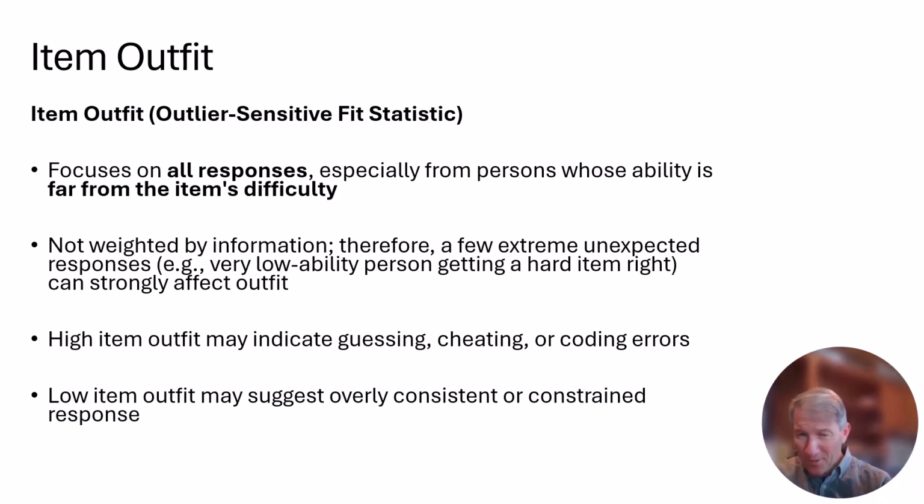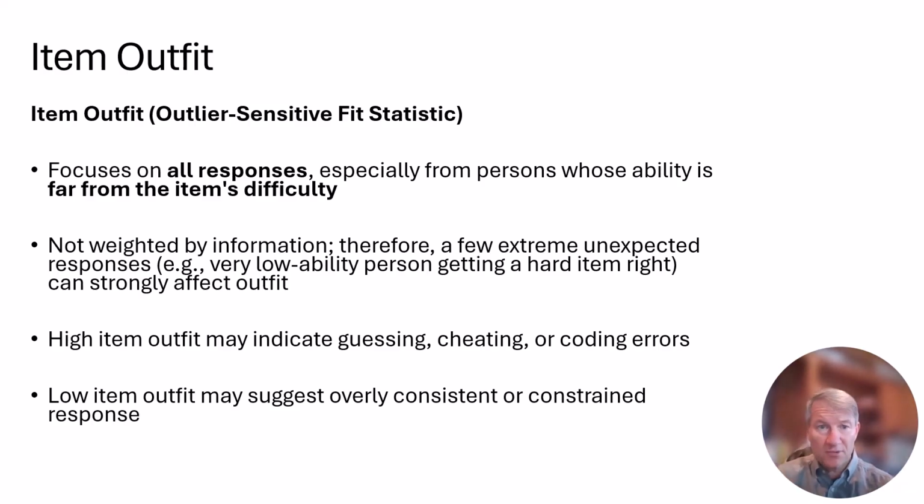And then the counterpart to item infit is item outfit. Item outfit stands for outlier sensitive fit statistic. And this fit statistic focuses on all the responses now, especially from persons whose ability is far from the item's difficulty. Outfit is not weighted by information, therefore it's sensitive to extreme values.